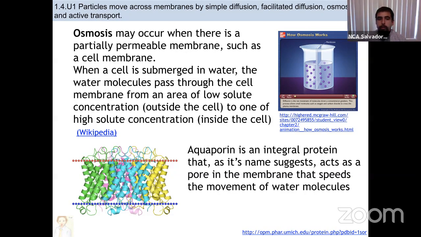Solute is the thing that is dissolved into the solvent. Is water causing the solute concentration to come down or to go up? It's actually going to cause it to go down, right? What you're doing is causing a dilution. So water is going into the high solute concentration, thus making the concentration overall lower, okay?